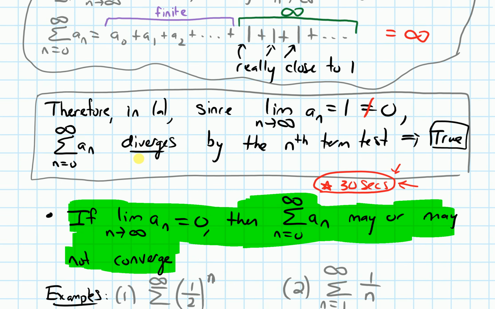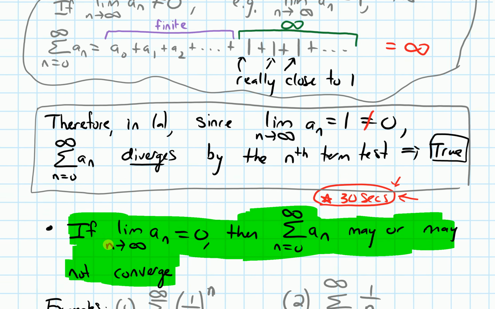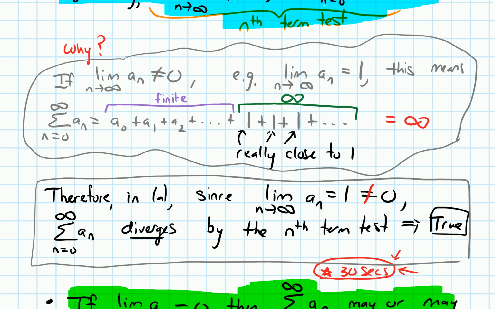Well, if the limit of a sub n is 0, like it is for the harmonic series, in fact, let's just write the formula here, 1 over n, then following this argument, wouldn't I eventually just be adding sort of 0 plus 0 plus 0 plus 0?